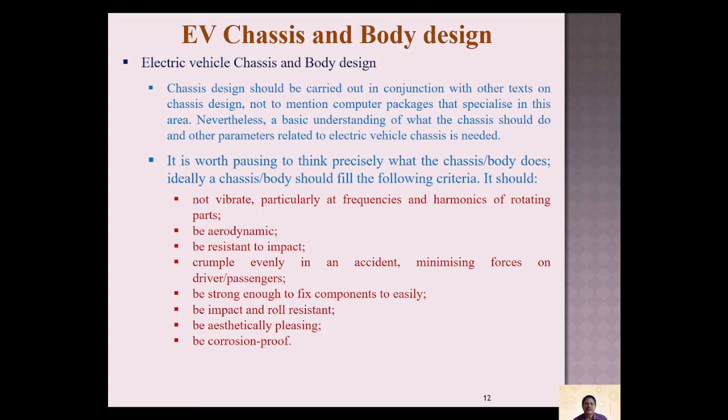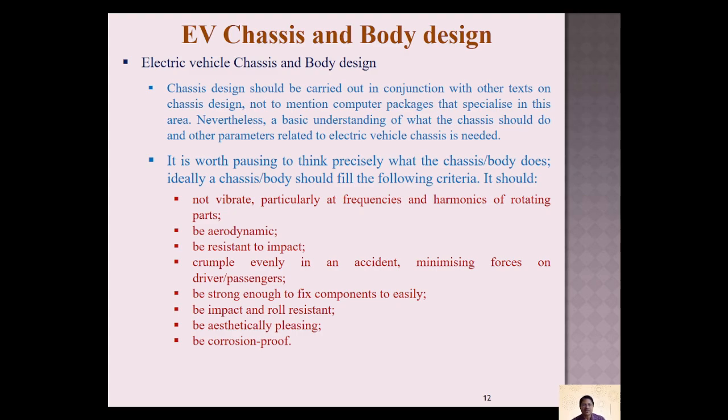EV chassis and body design. The EV chassis and body should be designed to meet the following points. It should not vibrate, particularly at frequencies and harmonics of rotating parts, and it should be aerodynamic. It should be resistant to impact. It should crumble evenly in an accident, minimizing forces on driver and passengers.